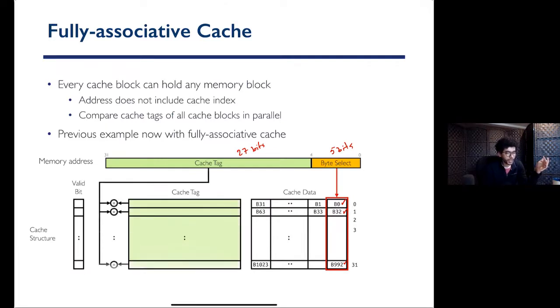Now I have to check my tag with all the tags. And this is where the hardware is expensive because I have to check this tag with all these tags. And probably I want to do this in parallel. So this requires a lot of hardware to check tag for all the blocks in your cache. And if any of them hits, then I have a hit in my cache.